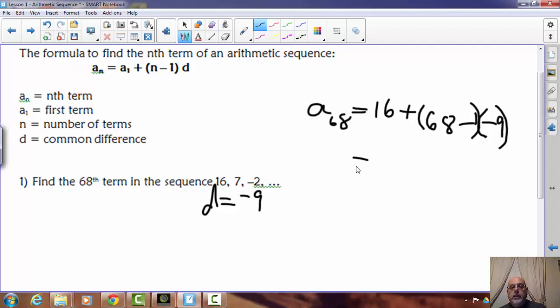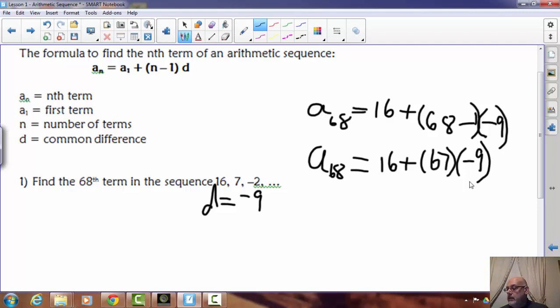If we continue this down, our 68th term is equal to our first term of 16 plus 68 minus 1, which is 67, times our common difference of -9. At this point you can take your calculator out. It becomes pretty much a calculator problem at this step. So our 68th term again is equal to our first term of 16 plus 67 times -9, which is -603.